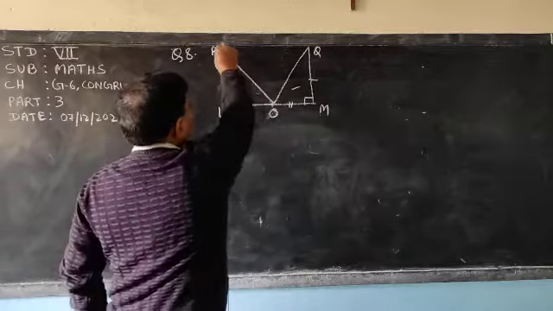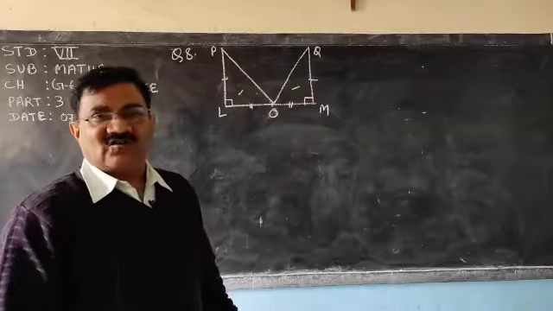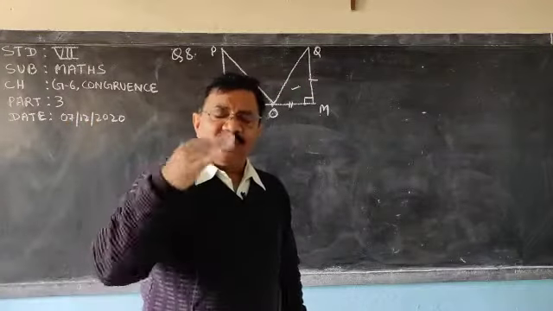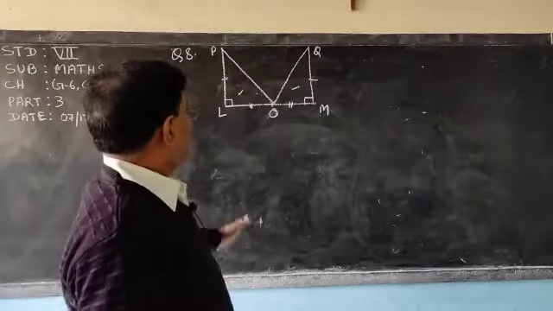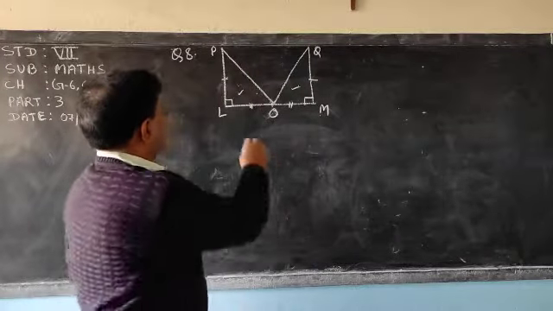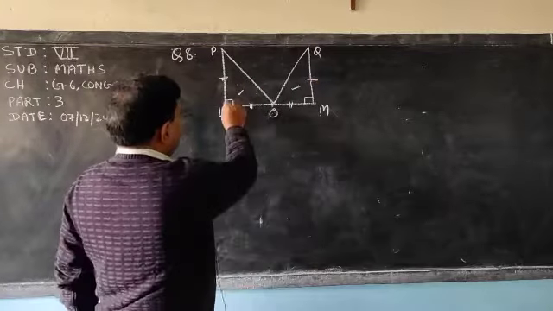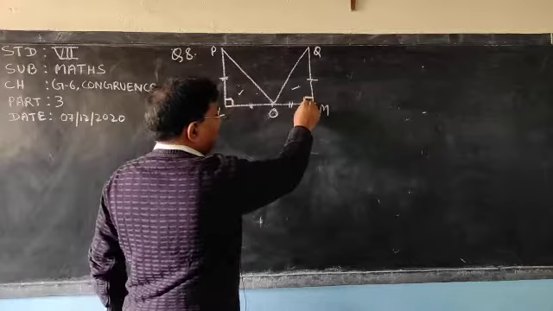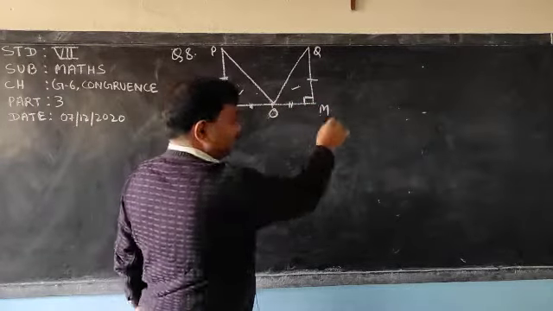And to prove congruence, three things are necessary, and three things are given. This side is equal to this side, given. This angle is perpendicular, means 90 degrees, given, and this side is equal to this side.